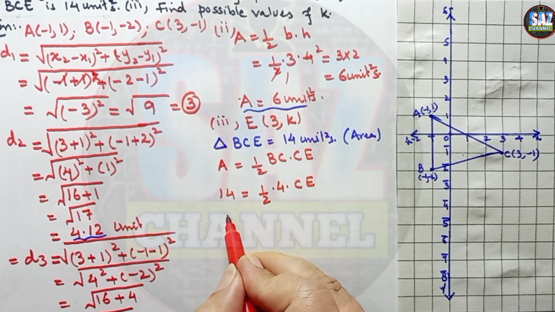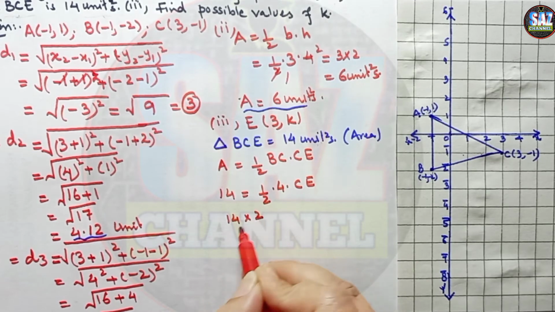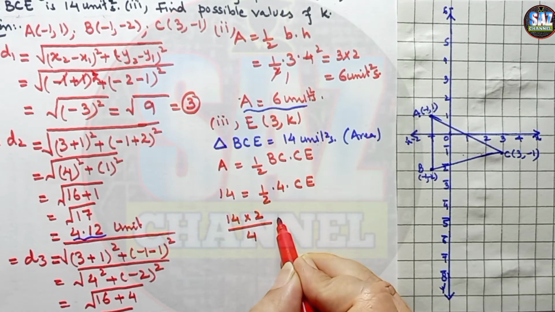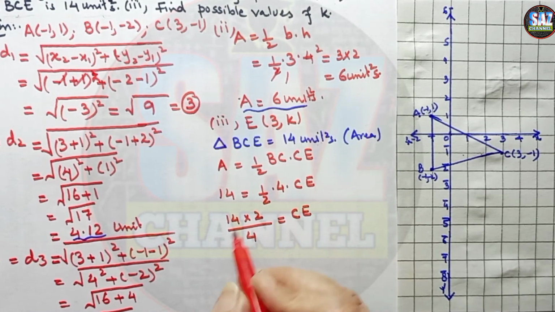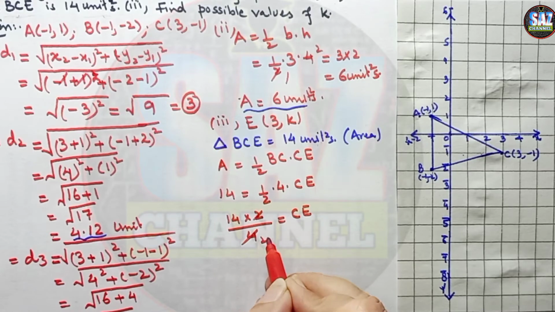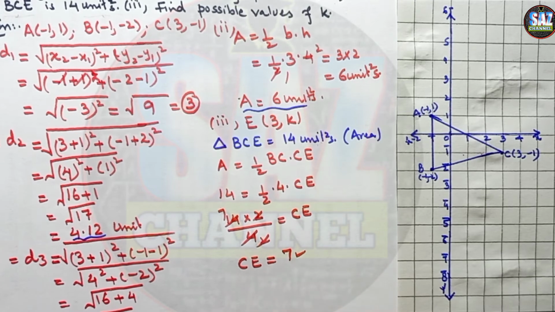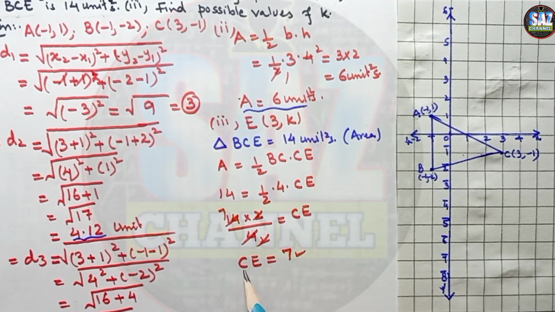So 14 multiplied by 2 divided by 4 equals C to E. 2 ones are, 2 twos are, and 2 sevens are. C to E is 7 units. So it means that the distance between C and E is 7 units.